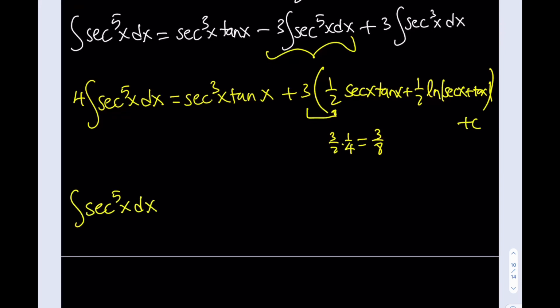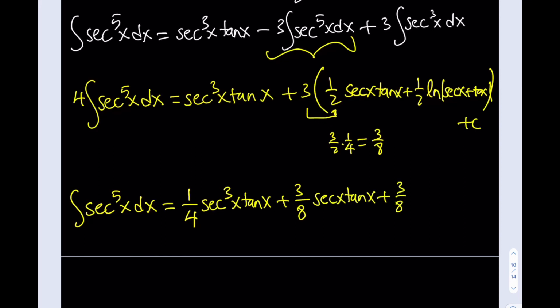So the integral of secant to the 5th power is going to equal 1/4 of secant cubed x tangent x plus 3/8 secant x tangent x plus 3/8 ln absolute value of secant x plus tangent x plus c.